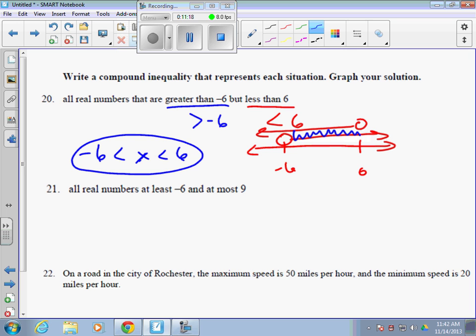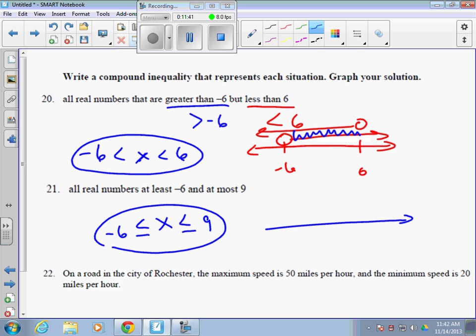Same thing for this next one. All real numbers at least negative 6, so x is greater than or equal to negative 6. Notice how I read that one as I was writing it. And at most 9, x is less than or equal to 9. There's your compound inequality. Both of them written on the same inequality and graphed on the same graph.